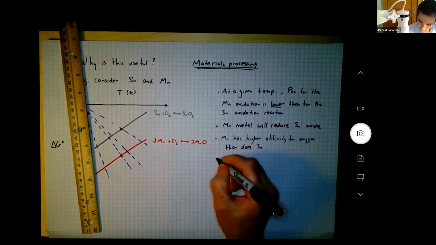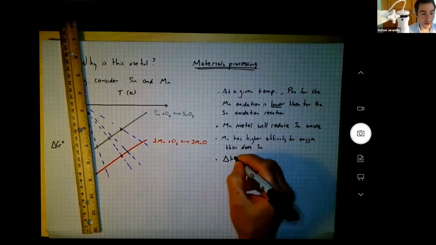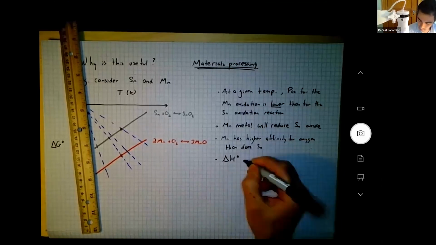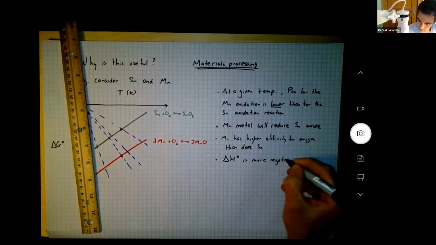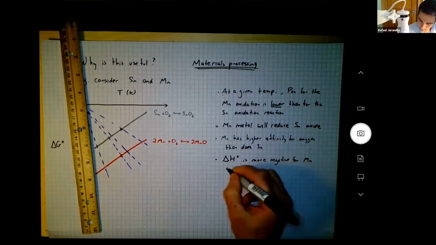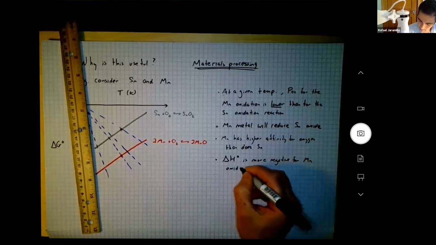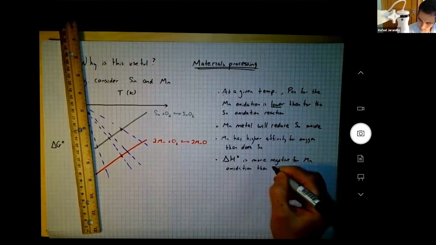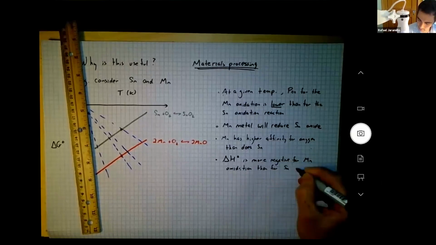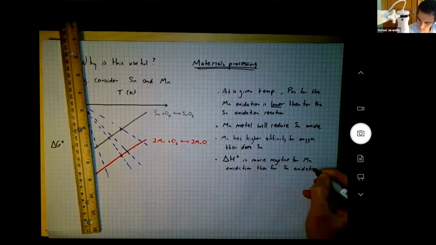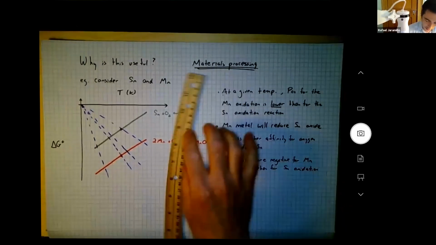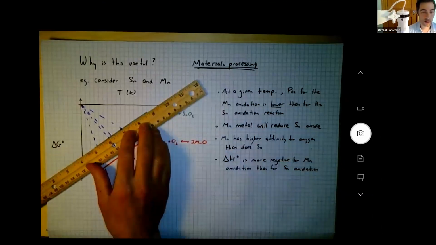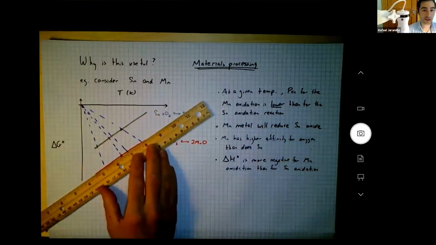Or saying the same thing, the enthalpy of oxidation is more negative for manganese oxidation than for tin oxidation. You can see that from the plots. The intercept of these plots is delta H. So you can see the intercept for the manganese oxidation, that's this point down here, is lower.